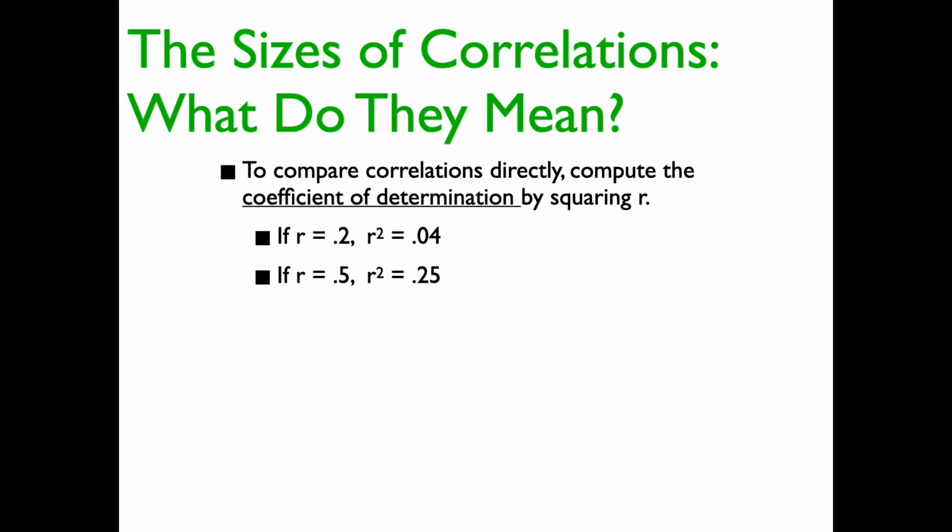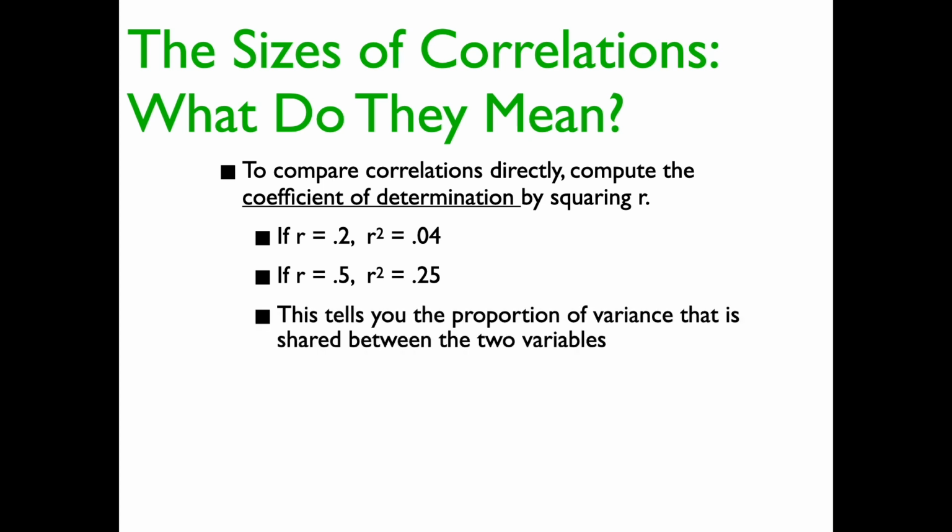You'll notice that the R's were only 0.2 and 0.5, so you could say, well, it looks like the second correlation is just a little bit twice as much as the first. But the actual comparison is going to be based on R squared. And you can see that 0.25 is a little over 6 times greater than 0.04. So that's why we can say that the correlation here is 6 times greater than the other correlation. That's a much, much bigger correlation to find an R of 0.5 than 0.2.